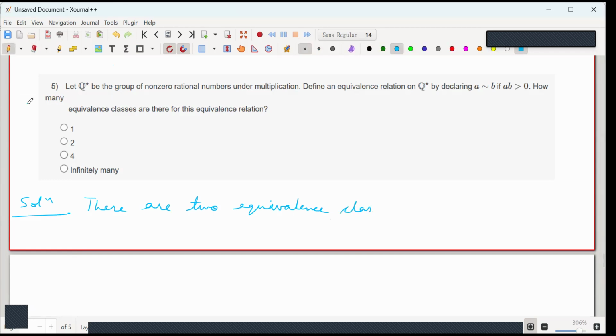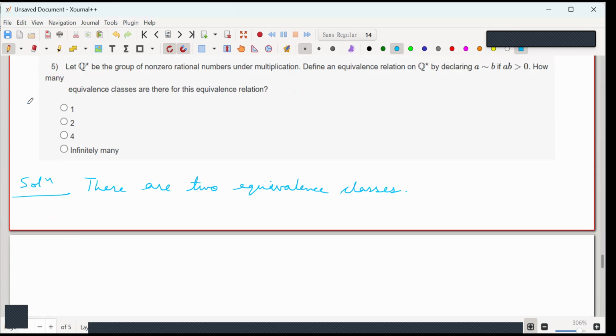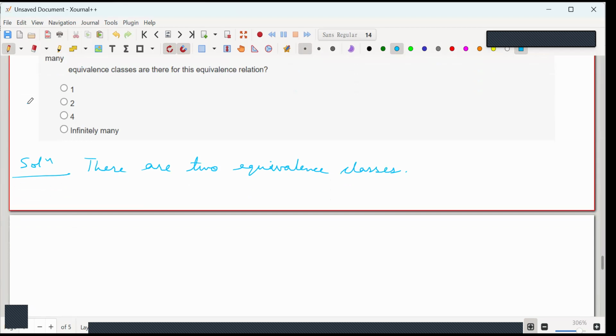Yes. So due to the property of rational numbers, if A is positive and AB is positive, then this implies that B is also positive. Similarly, if A is negative, and if A times B is positive, then this implies that B is also negative.